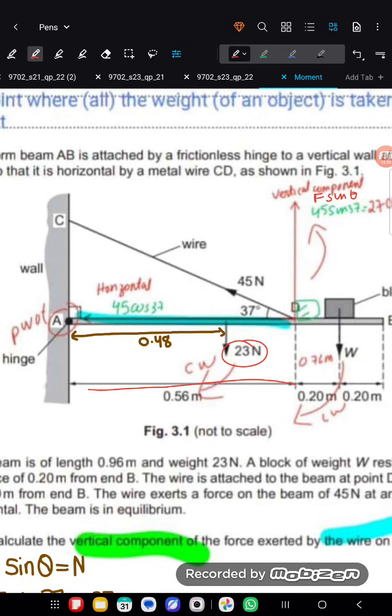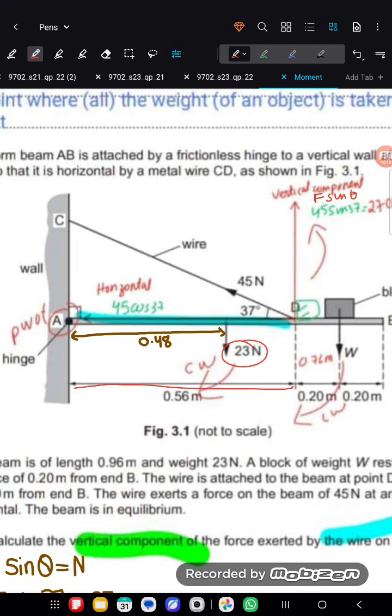Okay, so you have to know this distance for the weight, and this distance you should know for the vertical force, and this distance you should know for the weight. Okay, these three distances you have to know. So this one is very easy to find. Okay, this is already given, 0.57 for the vertical force.